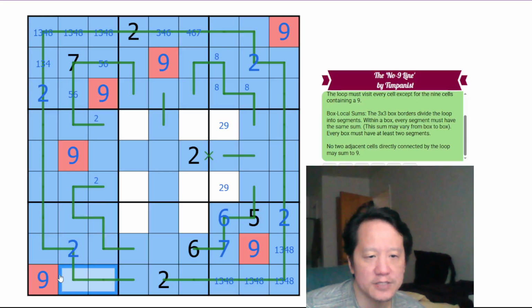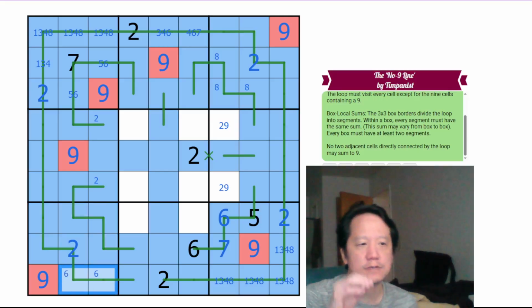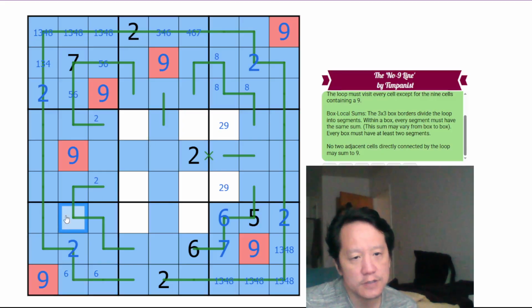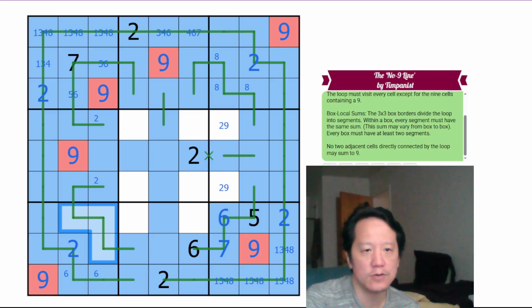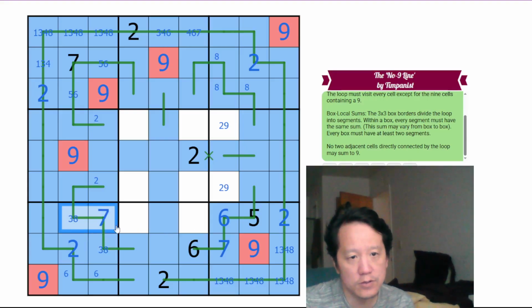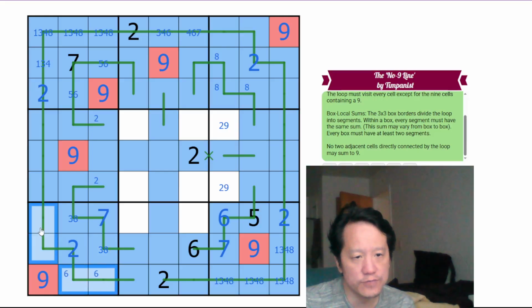So 6 has to be on this segment, which means it's 1, 2, 4, 5, 6. So then this is 3, 7, 8 here. So no 7 here, no 7 here. This becomes a 7 there. This is 1, 2, 4, 5, 6.